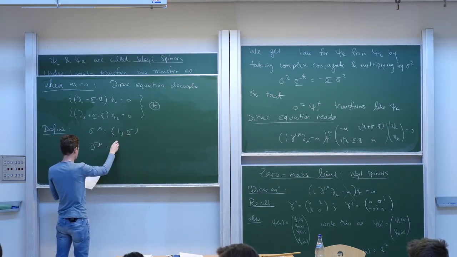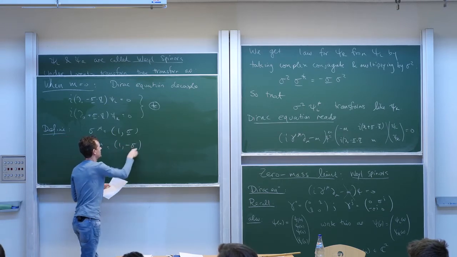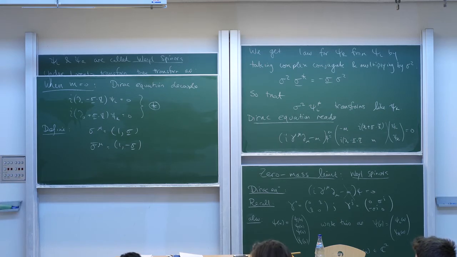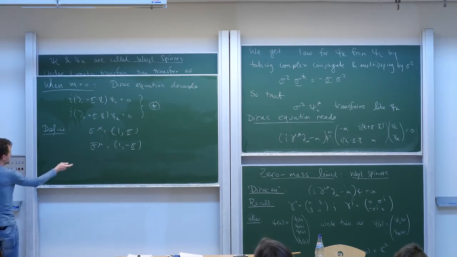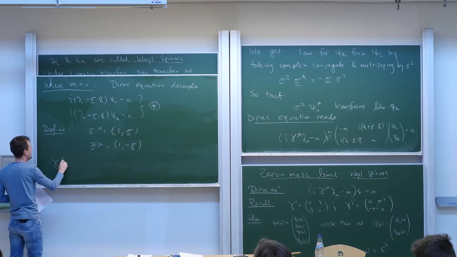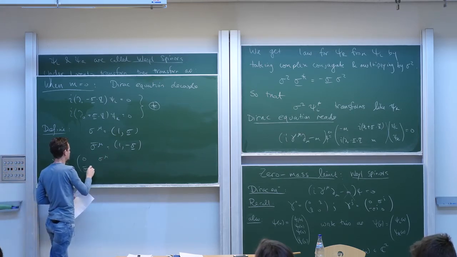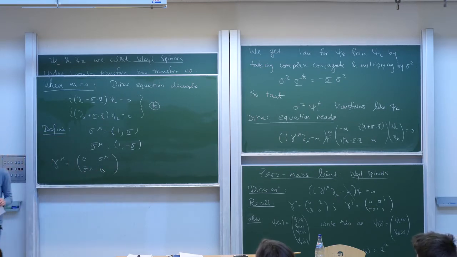When we're talking about solutions to the Dirac equation, it's this one here. Vectors of these Pauli matrices. And in terms of this nice notation, our representation that we've been using so far looks like this for the gamma matrices like that.